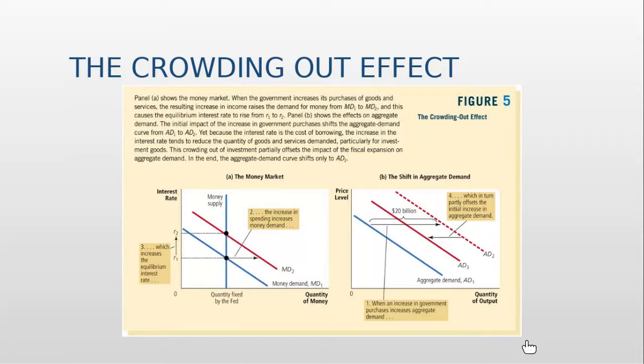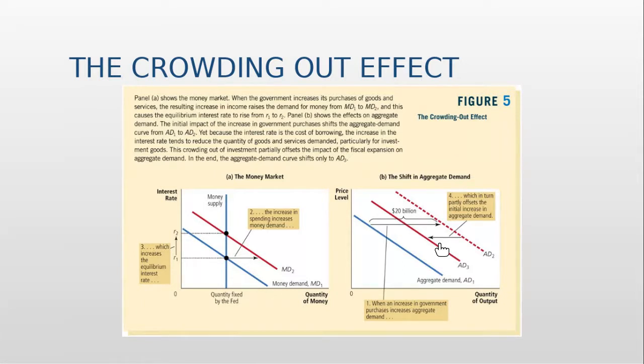With this rightward shift, we then have an increase in the equilibrium interest rate, which of course disincentivizes investment, disincentivizes borrowing, and disincentivizes private consumption on credit. And so what we find here is that while the government spending does increase the economy $20 billion initially, it is partly offset due to the decrease in aggregate demand brought on by the crowding out effect.